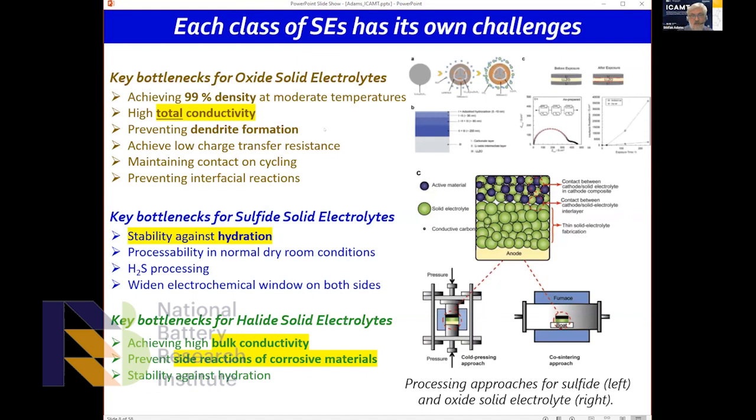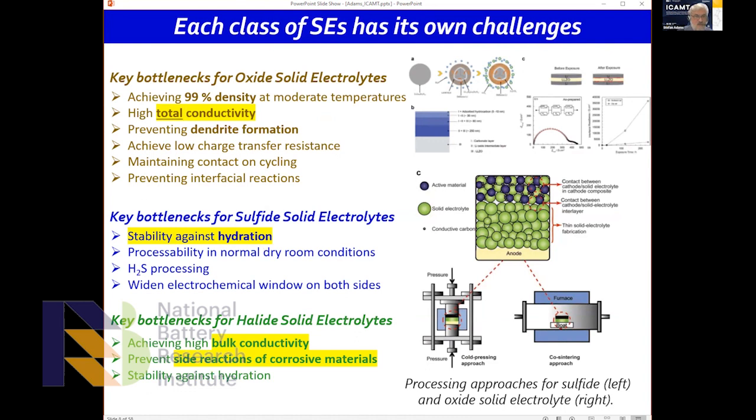And when you look at the solid electrolytes, there are different classes of materials. Each one has its own problems. The oxides are relatively stable, but it's difficult to densify them so that the total conductivity, including the grain boundary contributions, is high enough. For the sulfide-based materials, the reaction with water is a main problem for many of them.